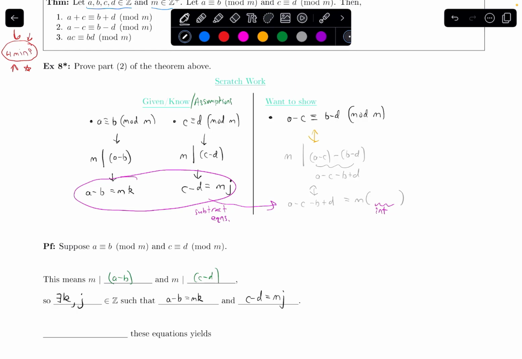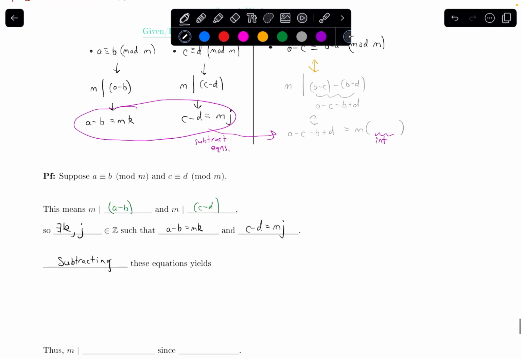Now, recalling my idea from the scratch work, what if I subtract these equations? Subtracting these equations yields the following. On the left-hand side, I'll get a minus b minus parentheses c minus d.